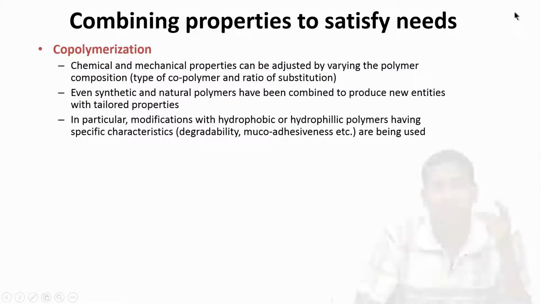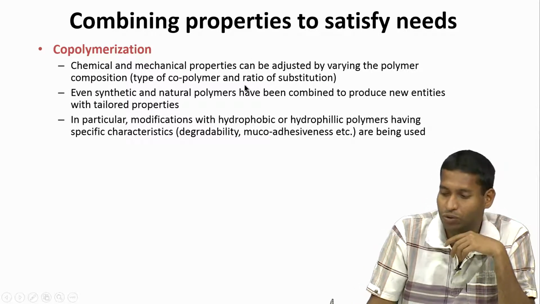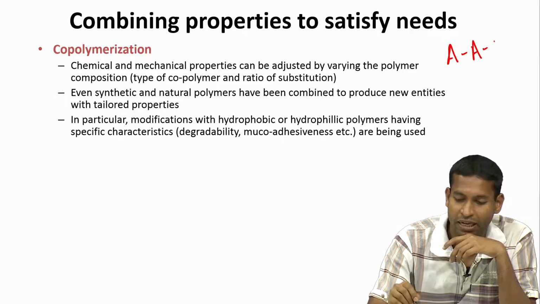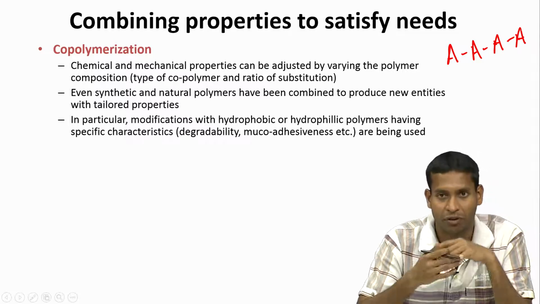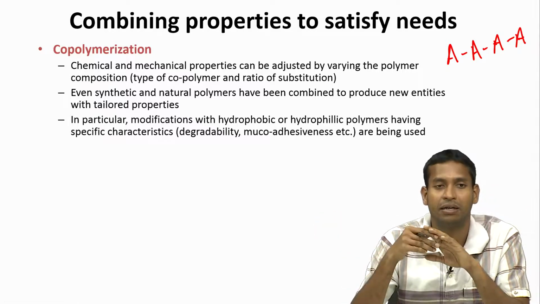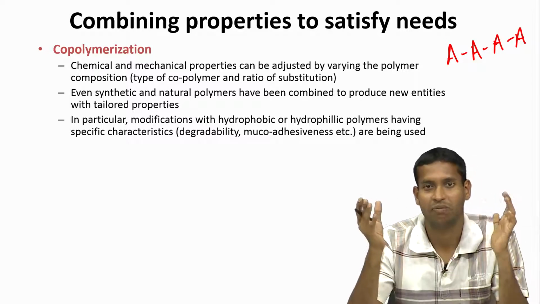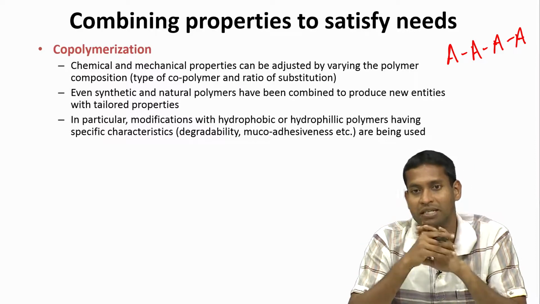You can also combine properties to satisfy need. You can have copolymerization, as we talked about. Let us say you are initially going to use a polymer where A is the monomer and you are going to make a poly A. This poly A works very well for everything that you need for an application, except that maybe it is not very mechanically stable and you want the mechanical properties to be enhanced.